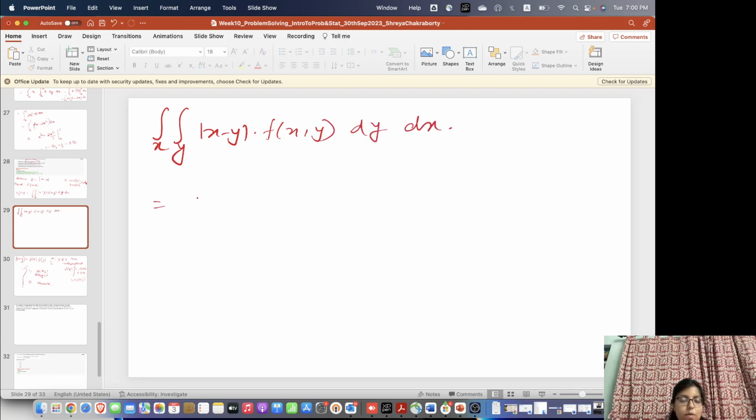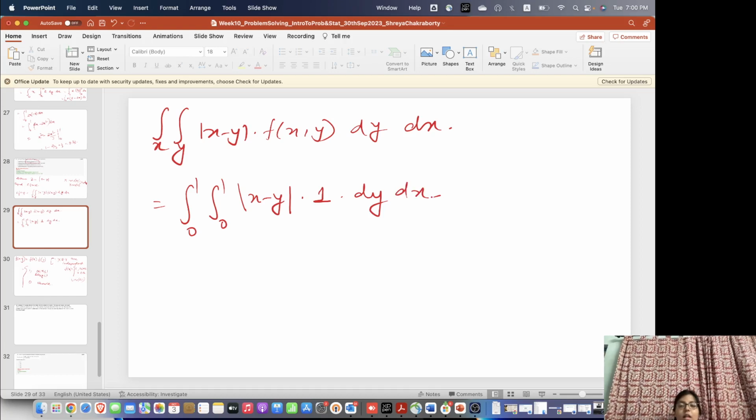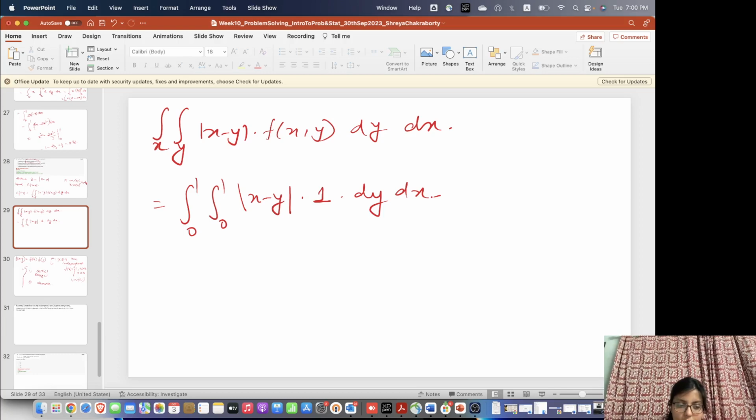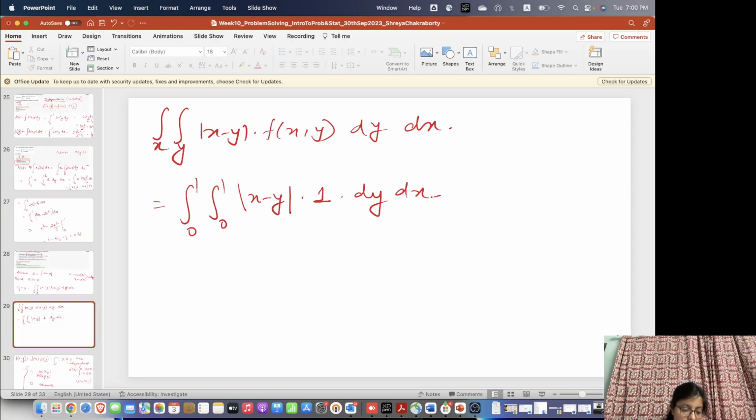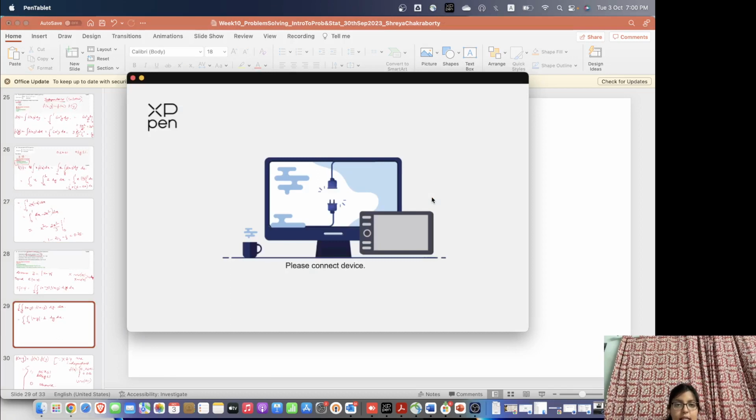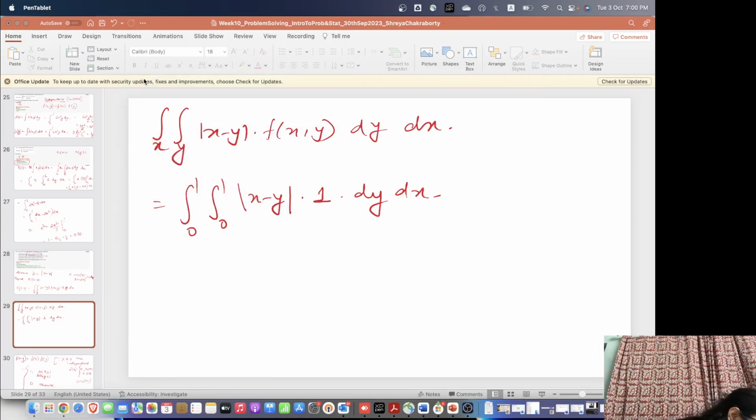This one we can write as x can run from 0 to 1, y can run from 0 to 1, x minus y into 1 dy dx. Because x is ranging from 0 to 1 and y is also ranging from 0 to 1. In this interval, this thing is defined. By this thing I mean the integral. The PDF will not take a 0 value.